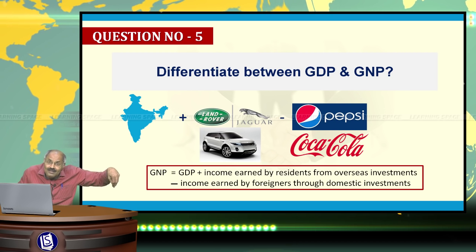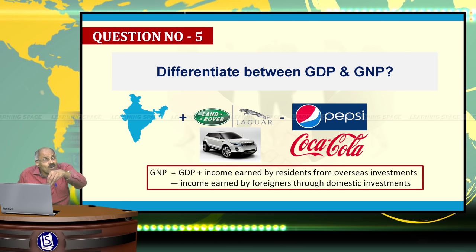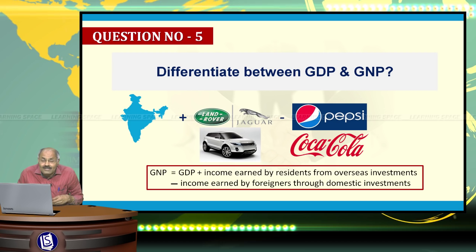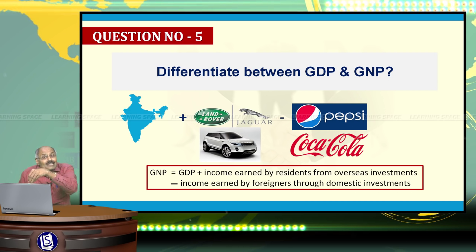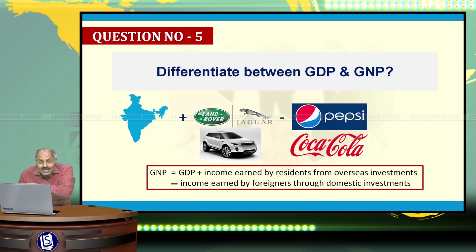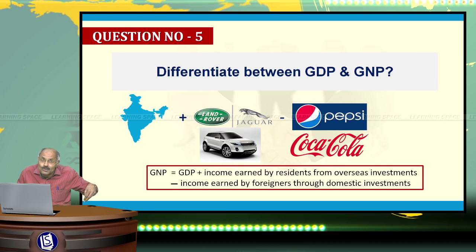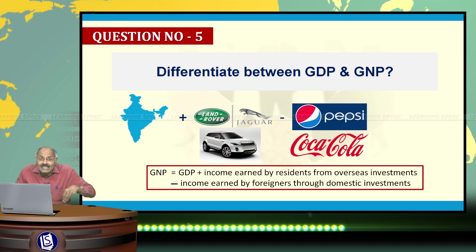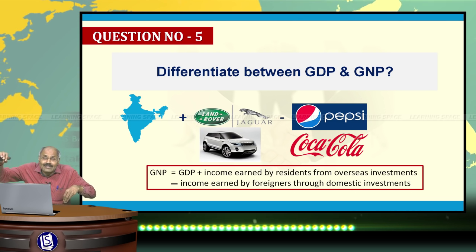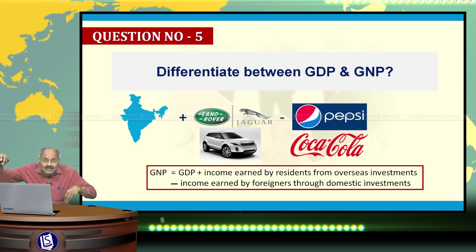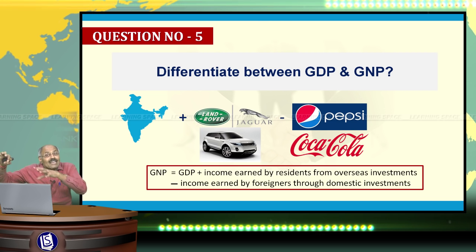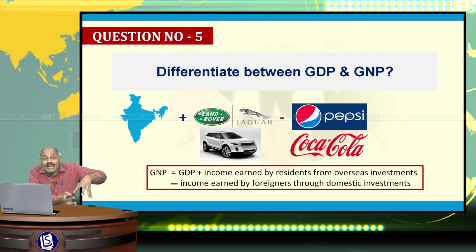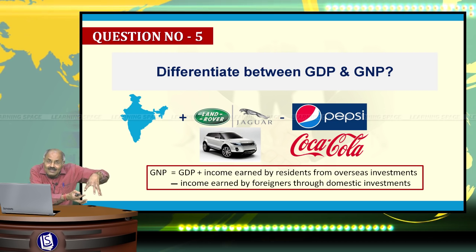Let me explain. All of you are well aware of Jaguar Land Rover. That is a car company based in the United Kingdom, but it is owned by Tata Group. So, Tata Group is an Indian-based group. It is manufacturing Jaguar Land Rover in England, and that income is to be added to arrive at the GNP of the country.